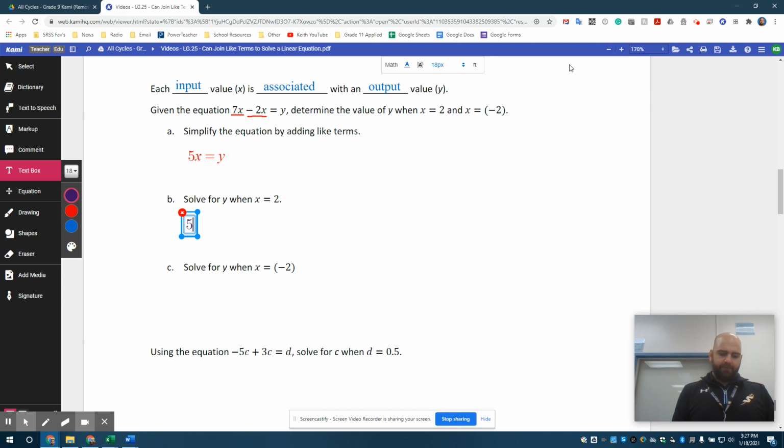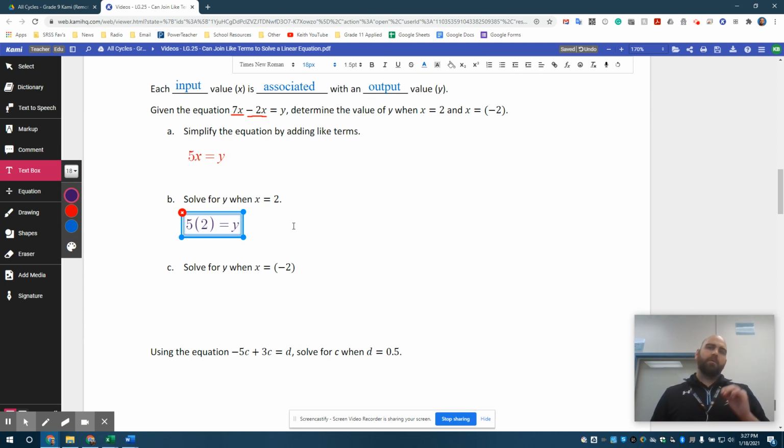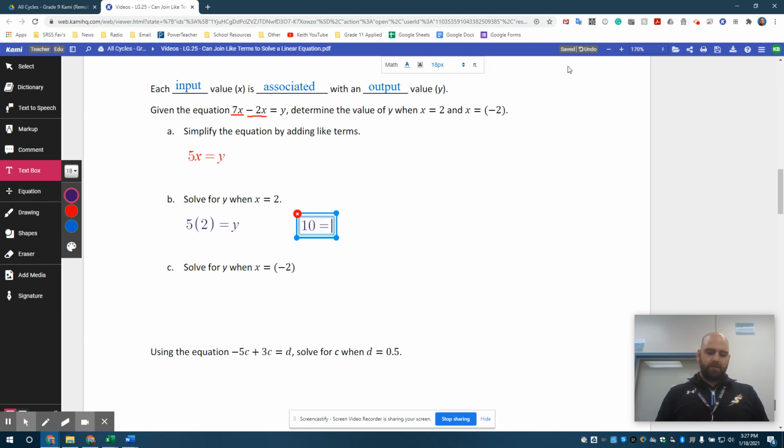So I'm going to do 5, and then in brackets 2, and that equals y. So what I did is I plugged the 2 in for x. Now the 5 was being multiplied to x, so in the same way, the 5 is going to be multiplied to 2. And when we multiply 5 times 2, it's going to be 10. And that's going to be equal to y. So when x equals 2, the y value is 10.